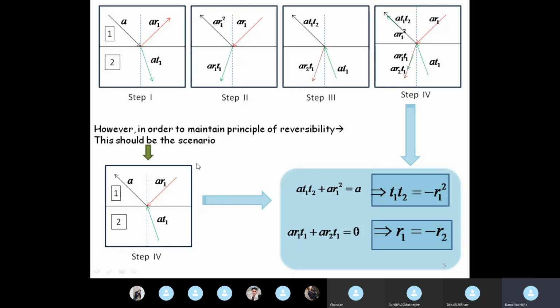Just remember that the main thing that we are using over here is the principle of reversibility of light. Okay? So we got this relation that the reflection coefficients in the two media have the same magnitude, but they have opposite sign.